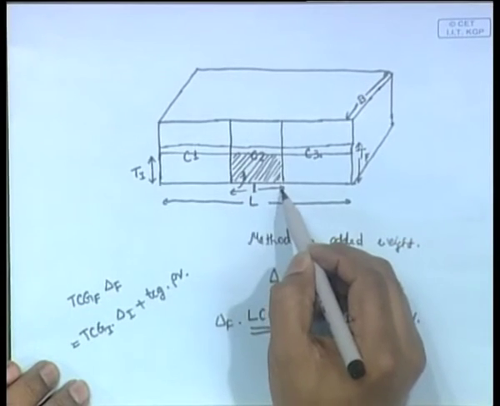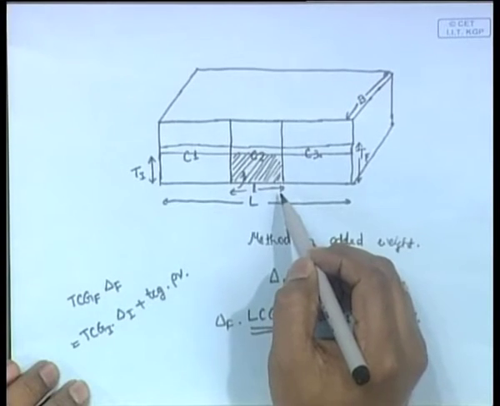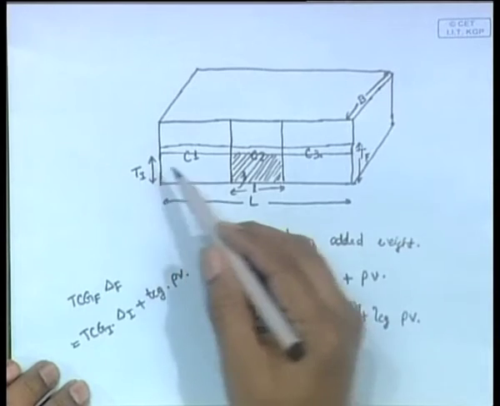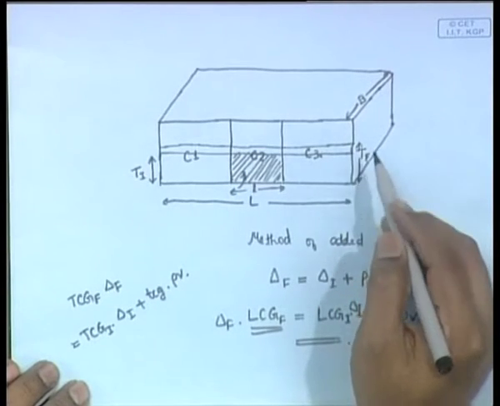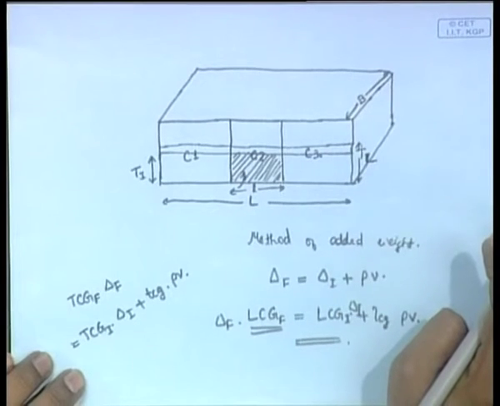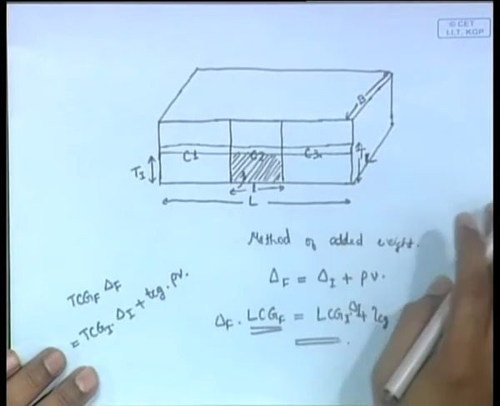A compartment of length small l is bilged or flooded, damaged, water enters it, and initial draft is Ti, final draft is TL, it is defined as TL.